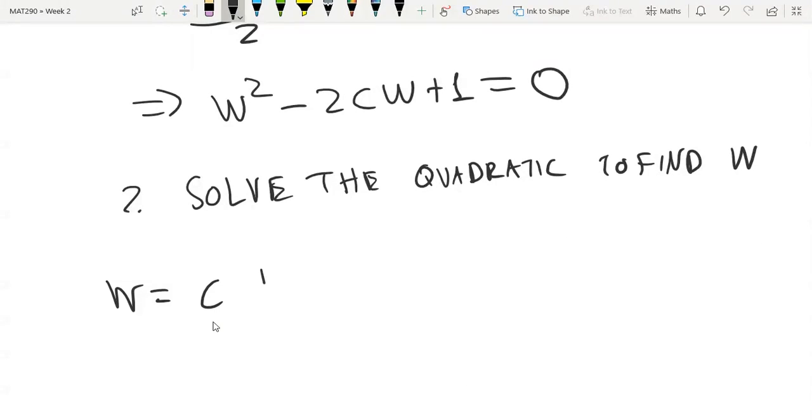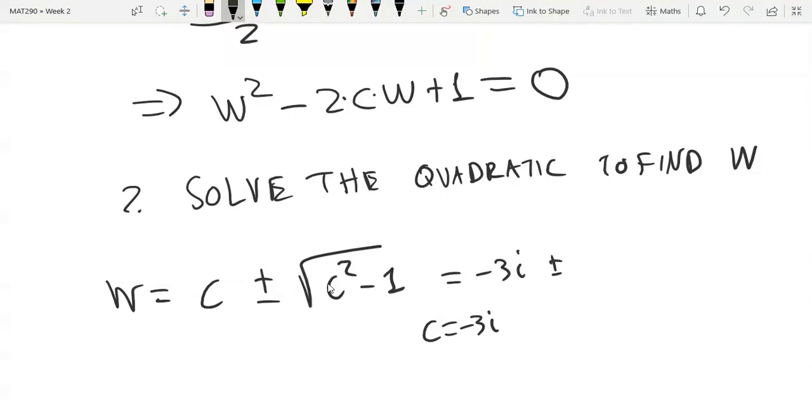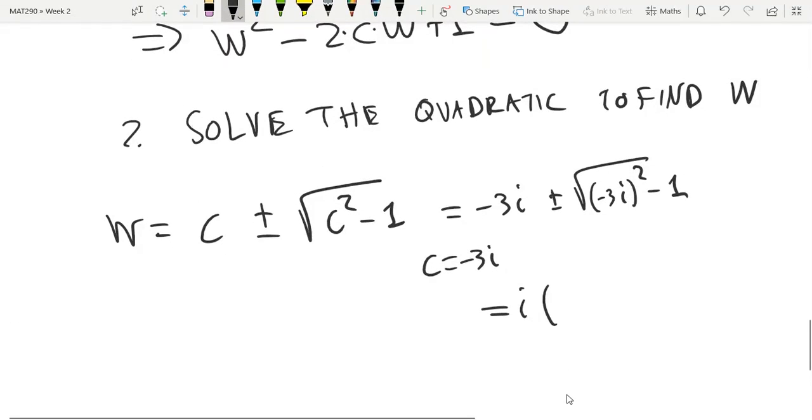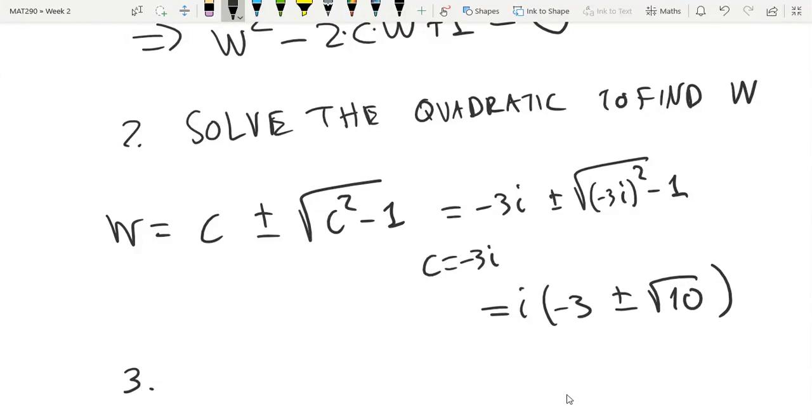We get w equal to c plus minus square root of c squared minus 1. Okay. Now use that c is minus 3i. And you get i times minus 3 plus minus square root 10. Okay, so that's w. But what was w? w was e to the iz.